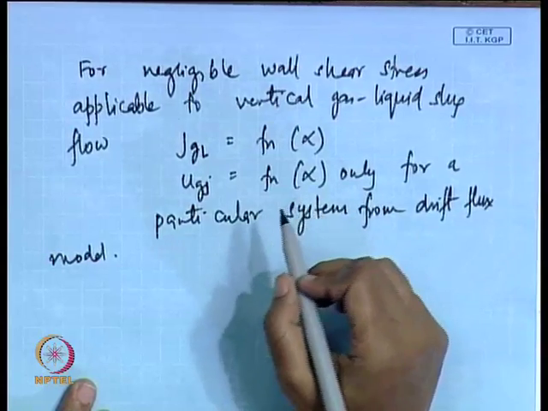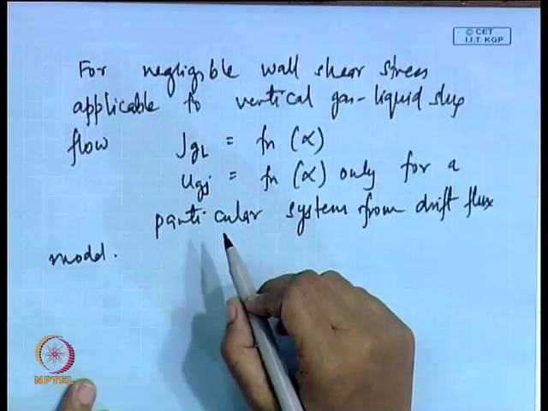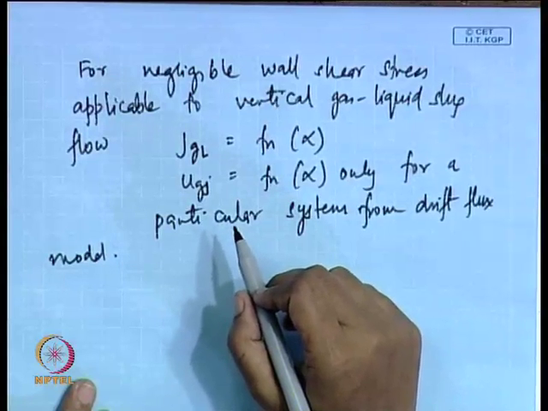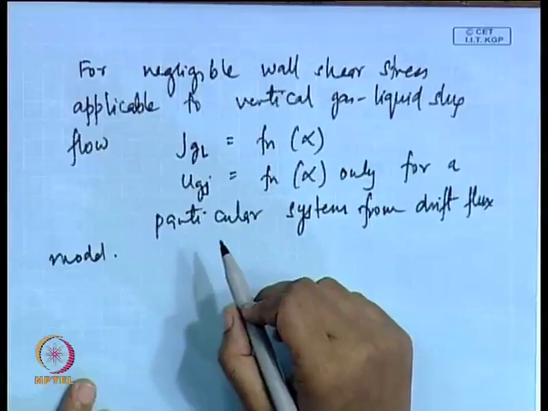Now, if both of these have to be true, what can happen? Both can be true when UGJ is neither a function of alpha nor a function of J, it is a constant.